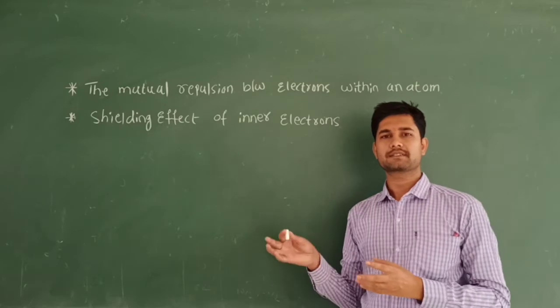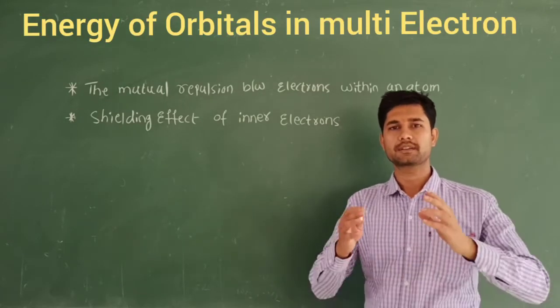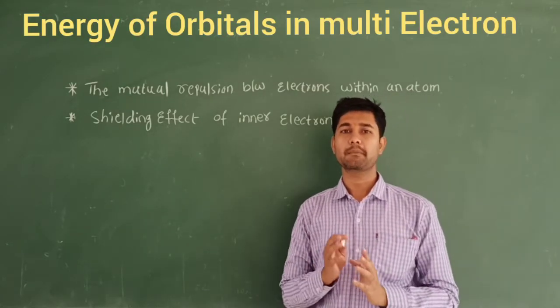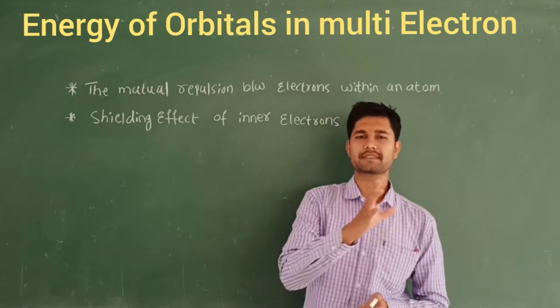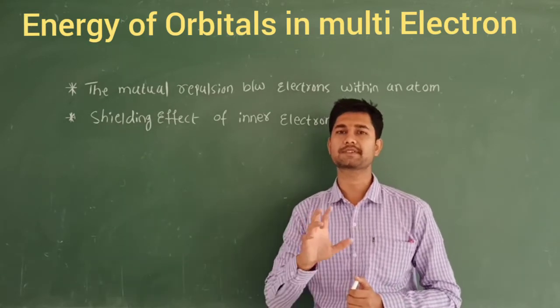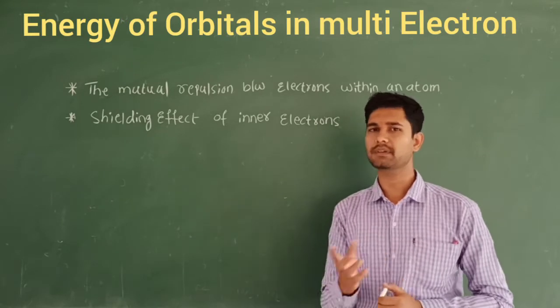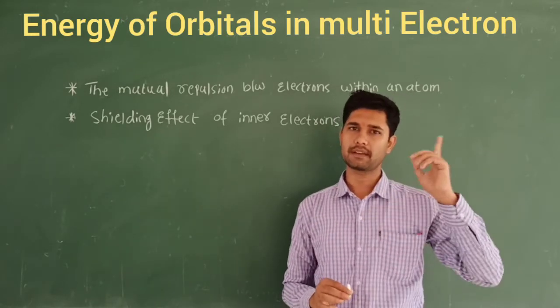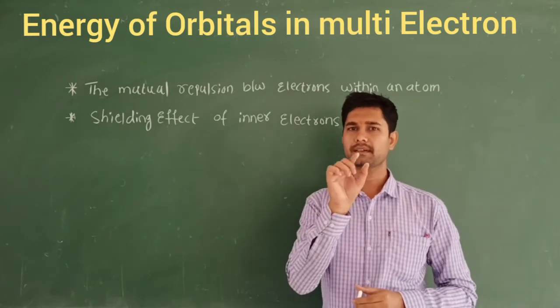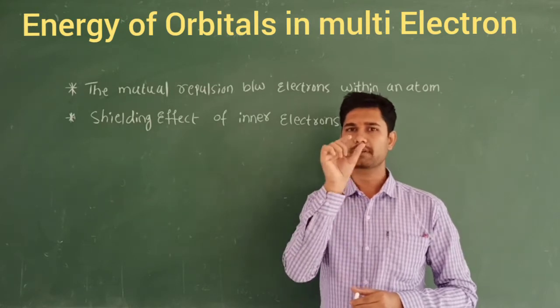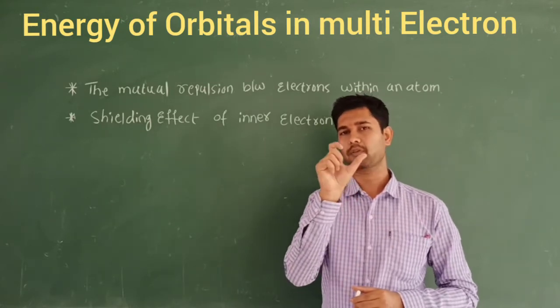Let us discuss the second concept, the energy of the orbitals in a multi-electron system. You have just seen a single-electron system, hydrogen, because hydrogen contains only one electron, where the energy of the orbitals mainly depends upon the principal quantum number.